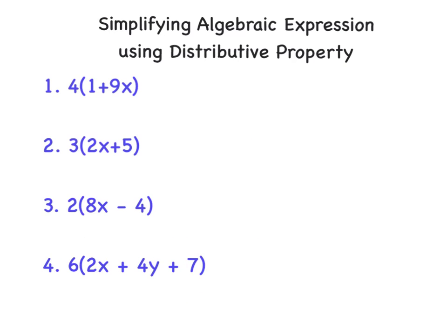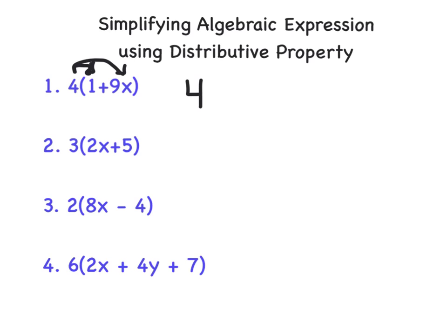Okay, now let's just look at how to solve them just mathematically without creating an actual model. So remember the parentheses mean to multiply. So this first one I have 4 times 1, because we're going to go to each thing in the parentheses. So 4 times 1 gives me 4.